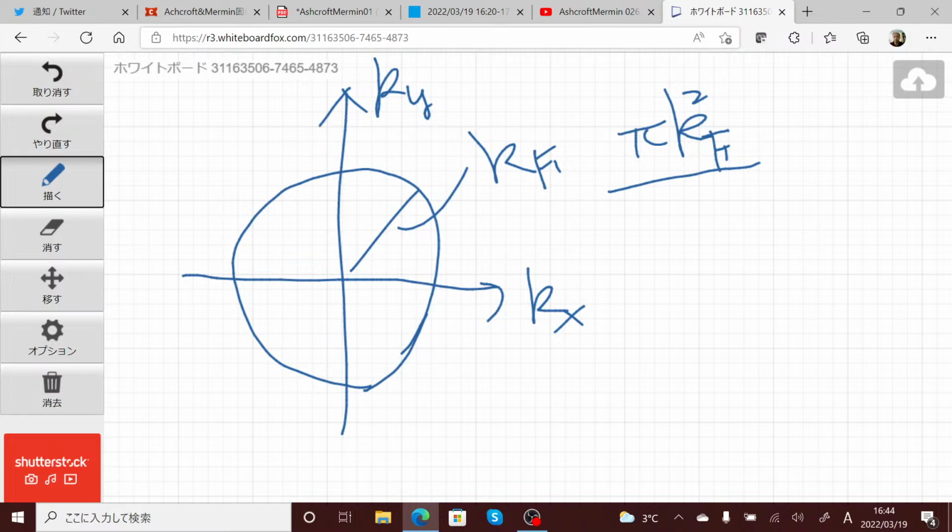Then how many electrons are there within Kf? Is it L divided by 2 pi squared? Correct? I think this is correct.